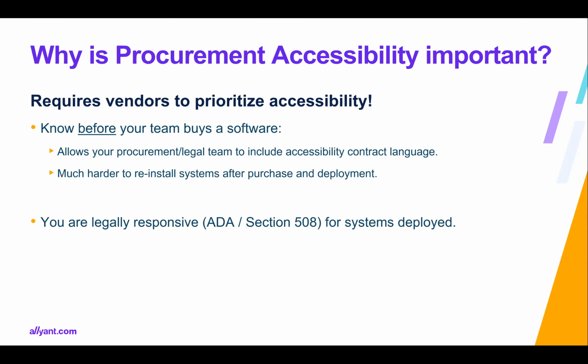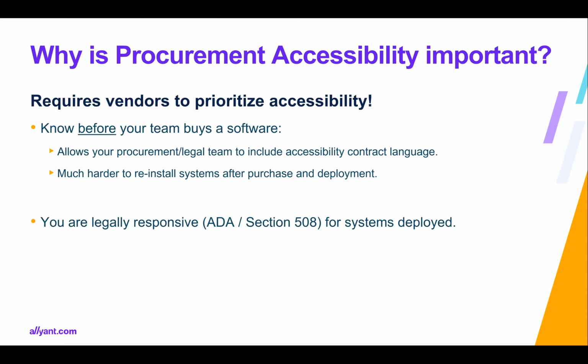They're going to say yes. And you might take that at face value, implement that piece of software, and come to find out that it now creates a significant accessibility barrier for users. And then you are the one who's going to be responsible for that, because ultimately you're the institution, especially when we talk about the higher ed space.